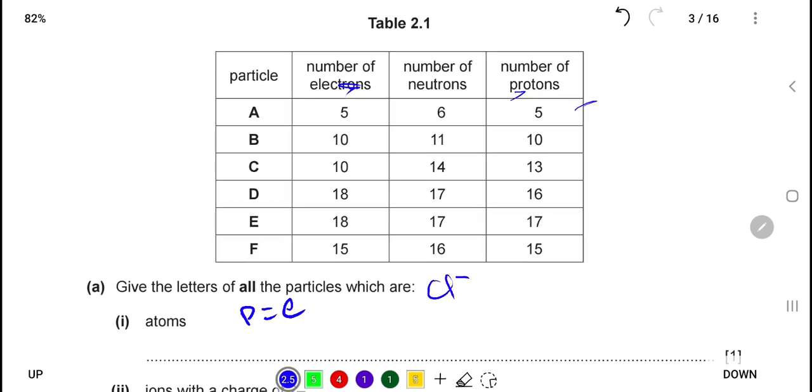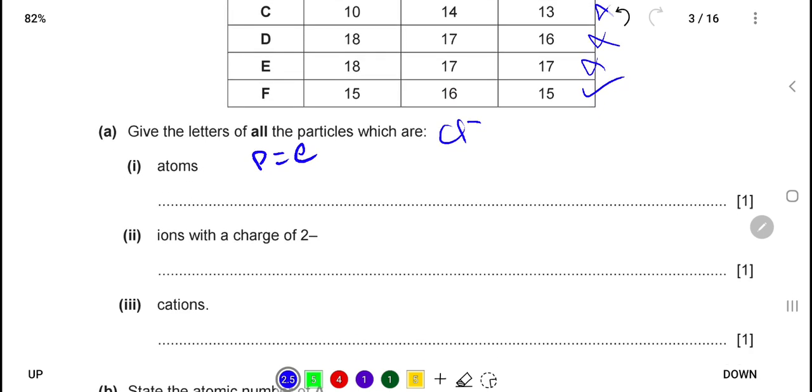We know that A is the same, protons and electrons are the same. This one is not the same, because here there are 13 protons and 10 electrons, meaning there's a decrease in the electron number. So it's an ion. You don't want that. It's also wrong. This is correct. So it's A, B, and F.